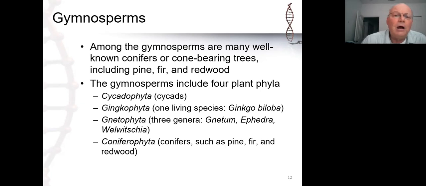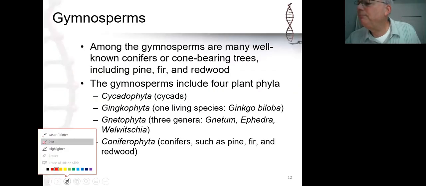And so on that basis, we do believe that these 4 phyla do represent a single clade in the form of the gymnosperms. What does gymnosperm mean? Well, it means naked seed. Oops. So let's just write that in.